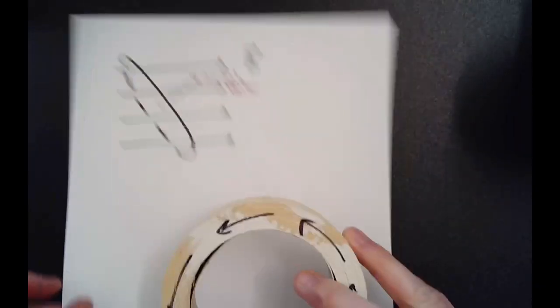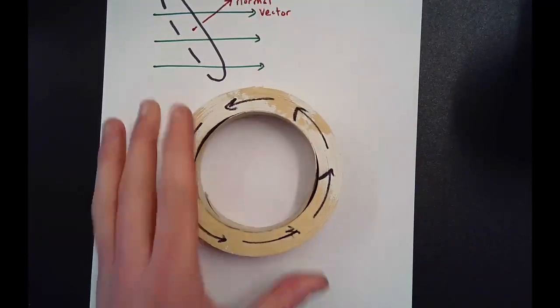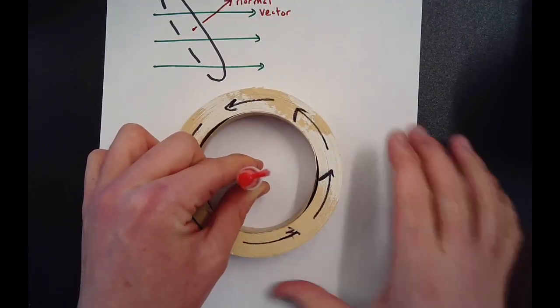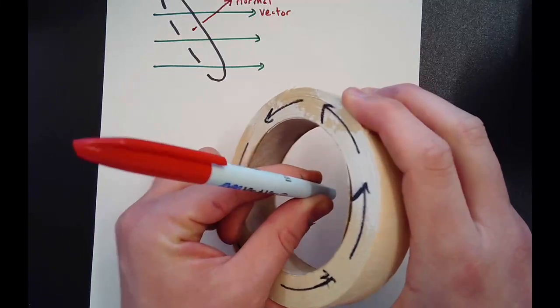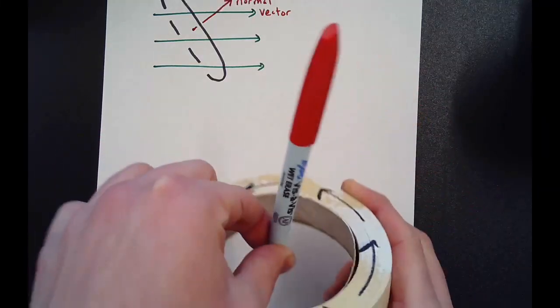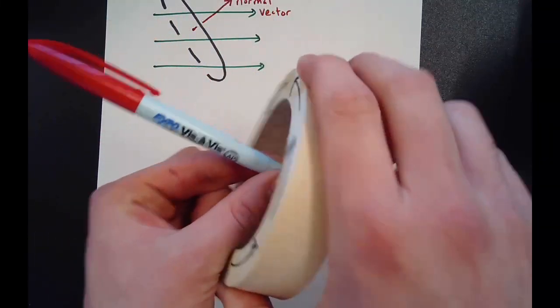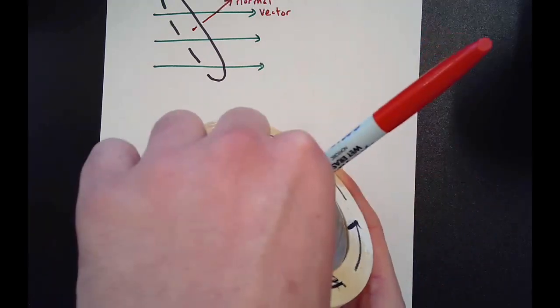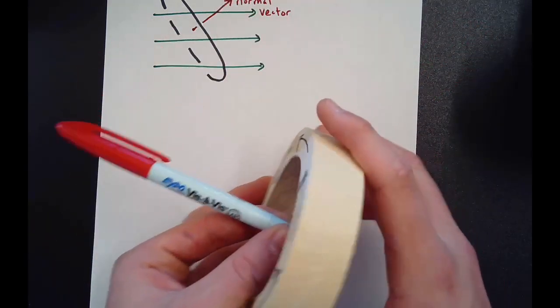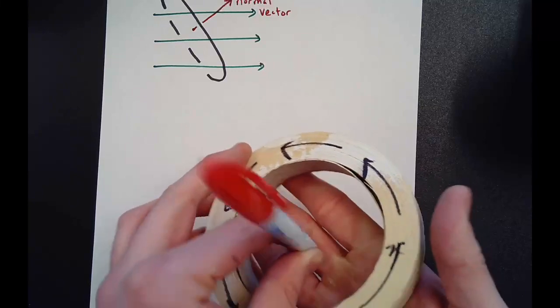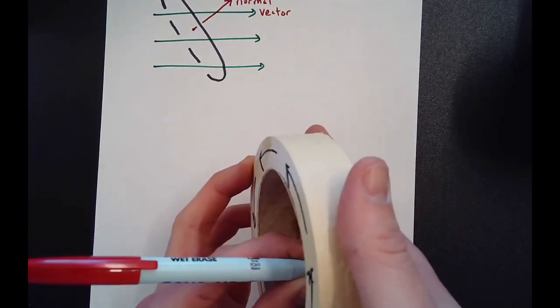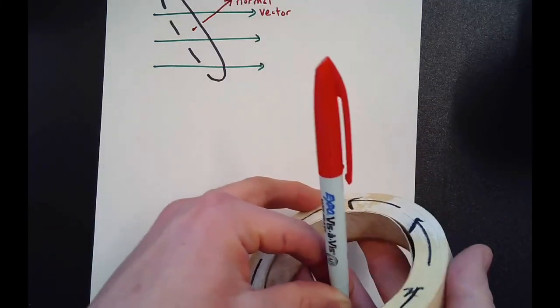It's coming out of the screen here, and as I rotate the loop, the normal vector is always perpendicular to the plane defined by that loop. A loop defines a plane, and so the only way to get a straight line direction is to look at a line perpendicular to that plane. So it's a useful convention to use, and that is the one we will use.